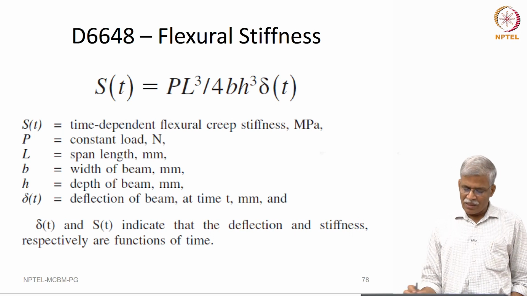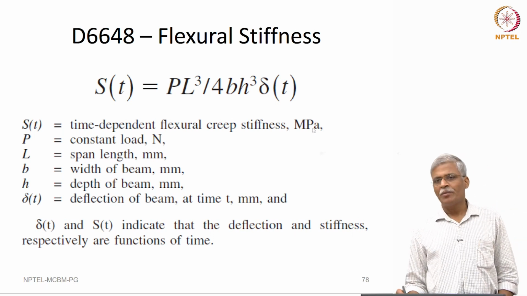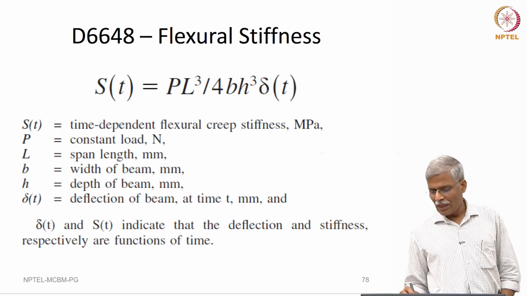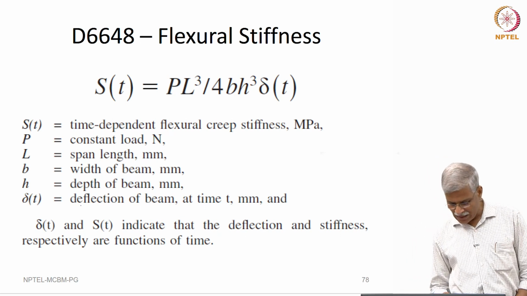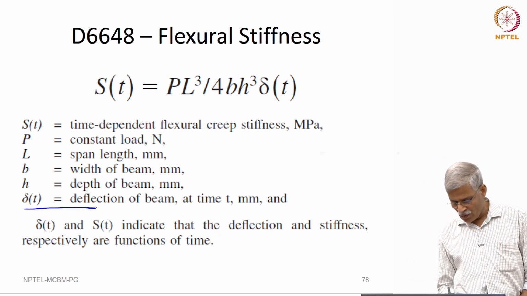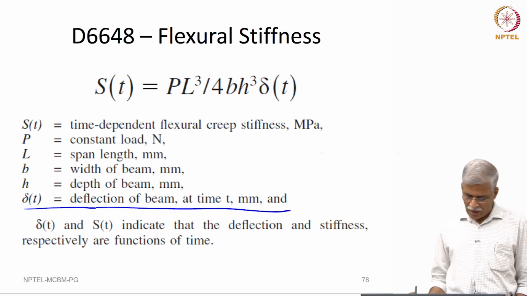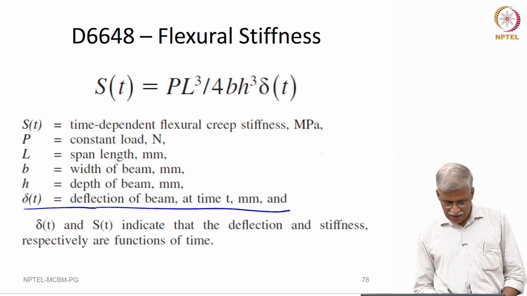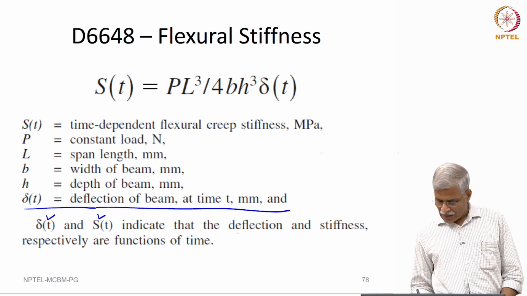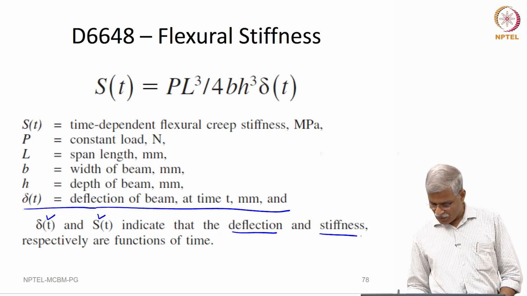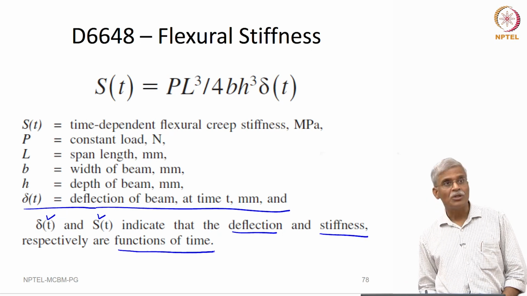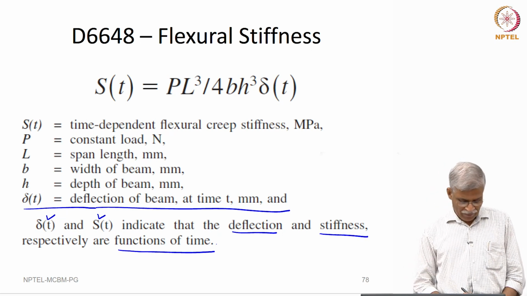It is given here as PL cubed divided by 4 BH cube times delta of t, and this is the deflection of a beam at a time t. And please understand this delta of t as well as S of t indicate that the deflection and stiffness are functions of time, okay, right.